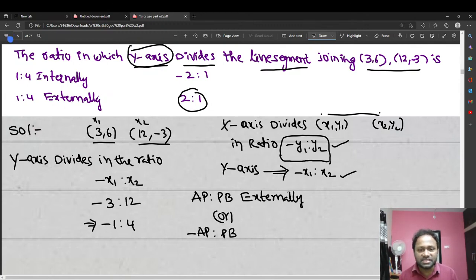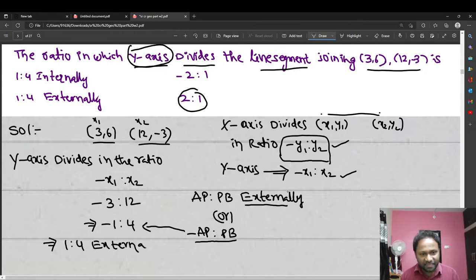Both represent the same answer. So now I can write it in this form: 1 is to 4 externally. See, this third answer is correct.